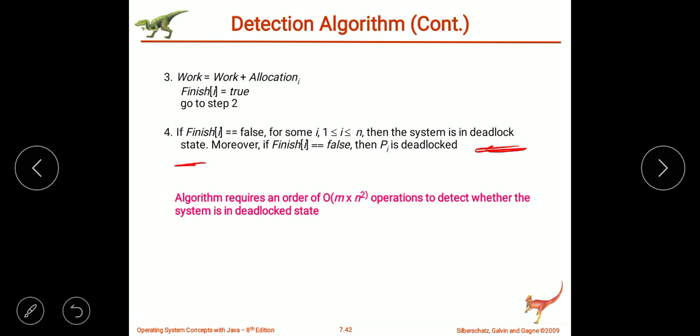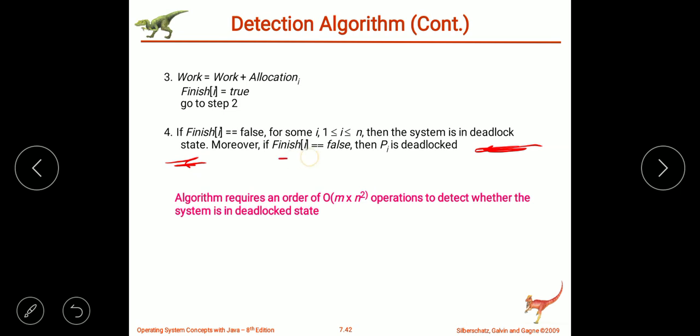Because once we have gone through all the processes, they should be completed, right? It means finish of I should be true for all the processes. But if finish of I is false for any one of the processes, then we can say that there is a deadlock state.